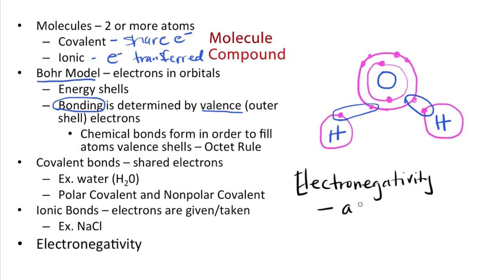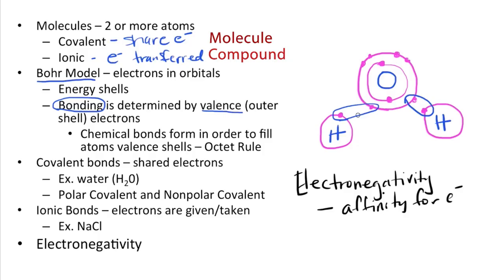Okay, so this is an atom's affinity or pull for the electrons. The more electronegative an atom is, the more tightly they're going to hold on to the electrons. The less electronegative, the more that they are likely to give up electrons.